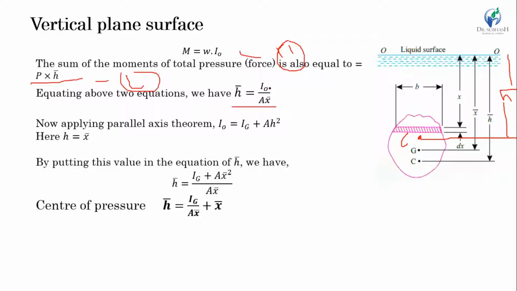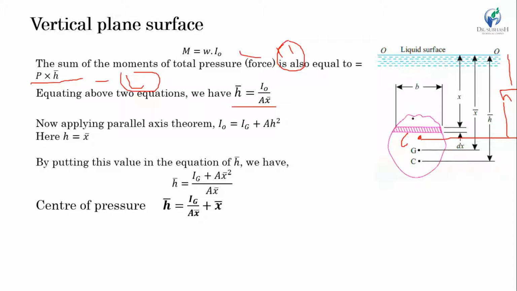Here, keep in mind this I0 is nothing but the second moment of surface area about this liquid surface OO, which is sometimes quite difficult to calculate when the object is not known or it is very deep inside the water.